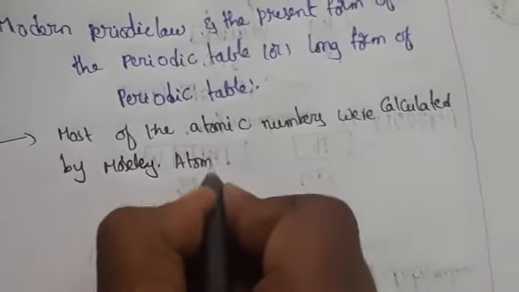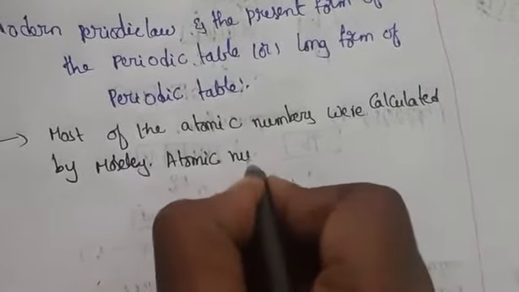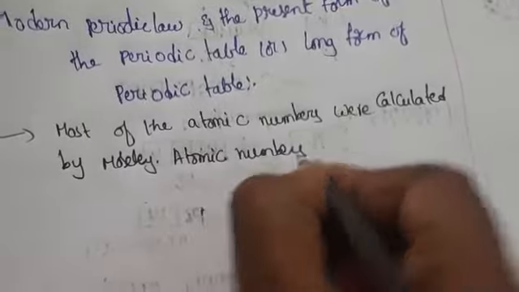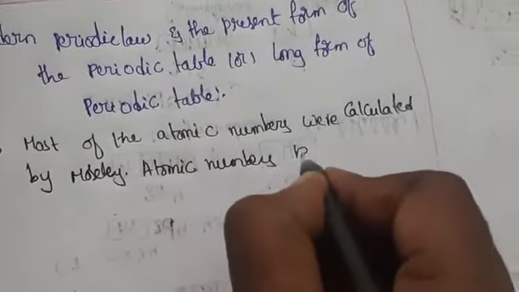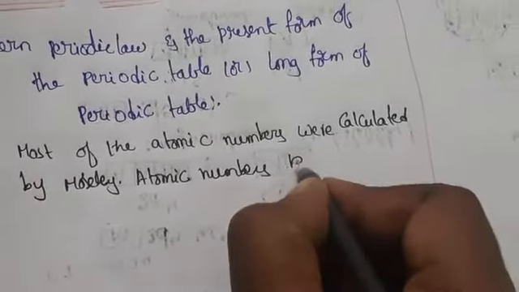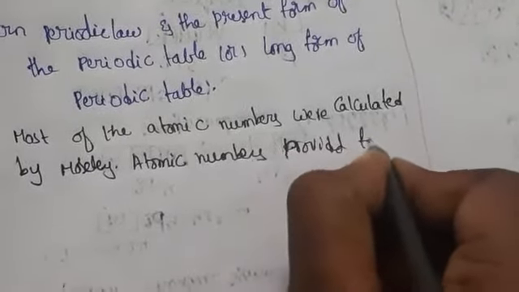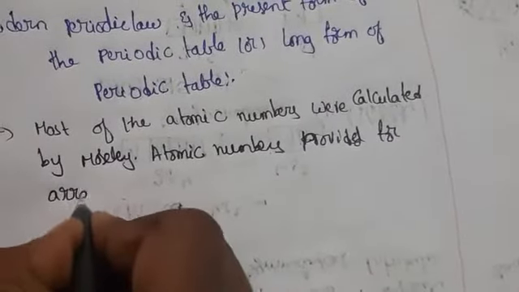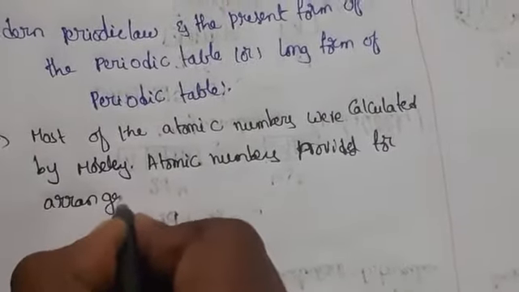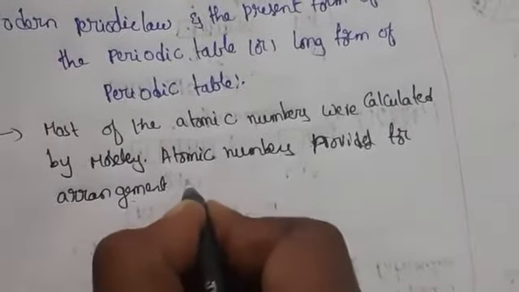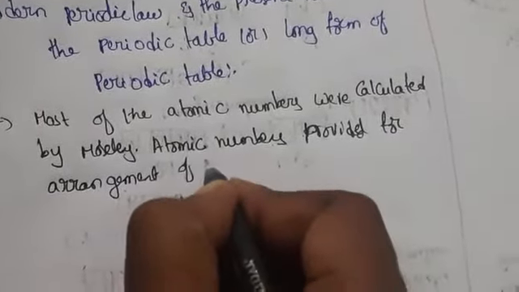Atomic numbers provided for the arrangement of elements.